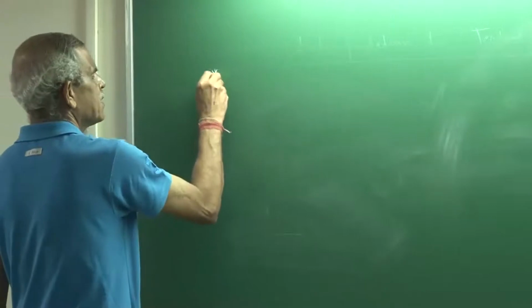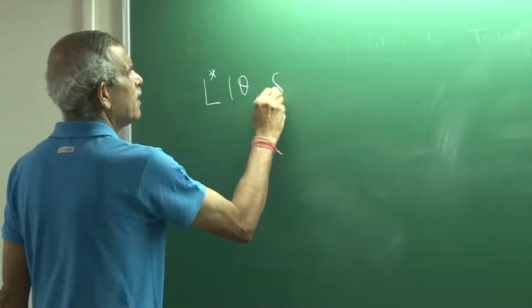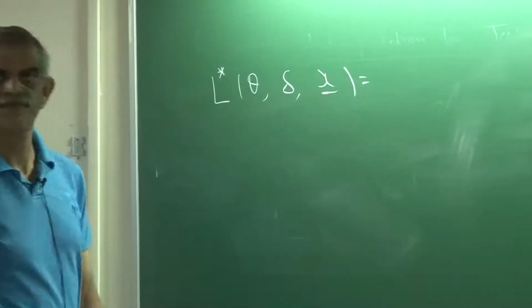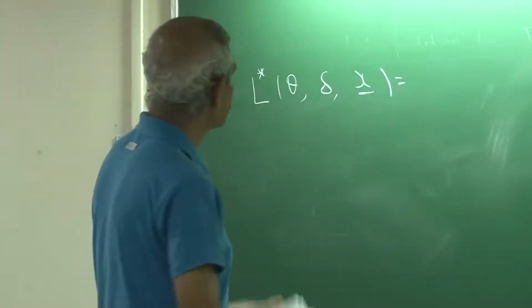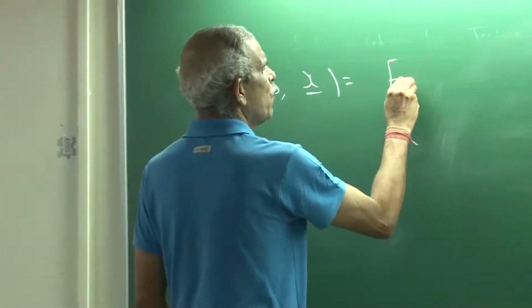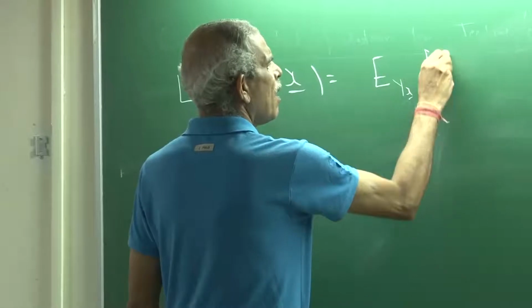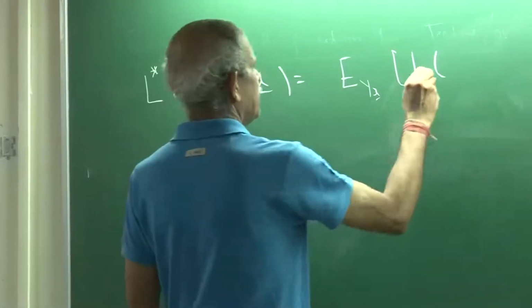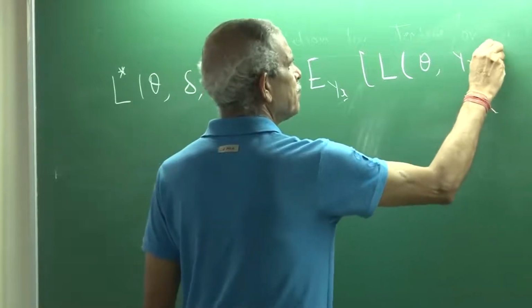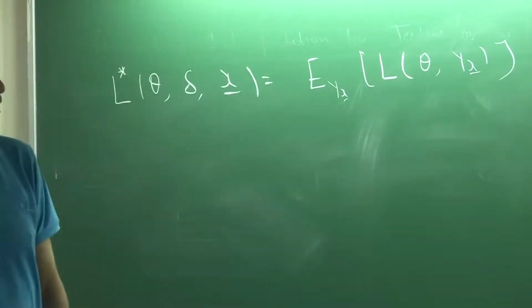So the first stage average of loss is L star(theta, delta, x). What is this? This is nothing but the average with respect to Y_x of L(theta, Y_x).